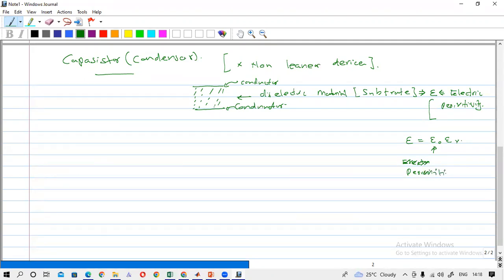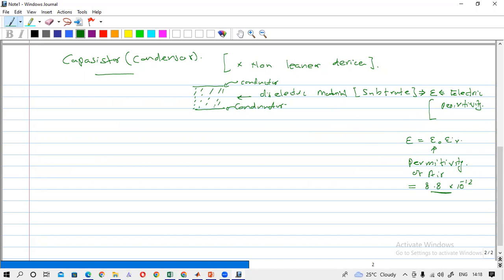I will write it clearly: permittivity. So this is the permittivity of air. There is a value, 8.18 times 10 to the power minus 12 or something. That value is the dielectric constant of the air.